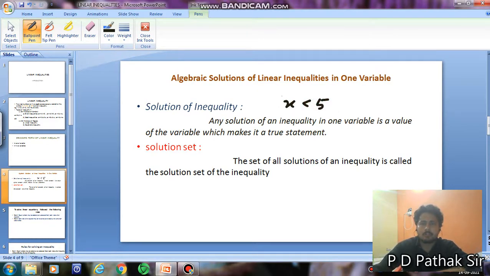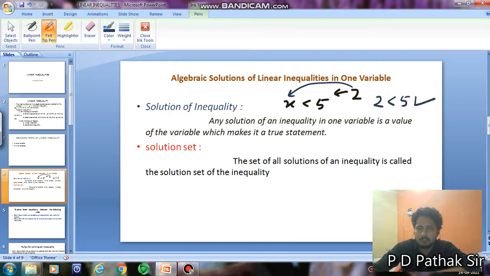And if I am talking about the solution of this inequality, it means any solution of an inequality in one variable is a value of the variable which makes it a true statement. So if I ask you whether 2 is the solution of this inequality or not, your answer will be yes. Why? Because when you put 2 instead of x, you will get 2 less than 5, which is a true statement.